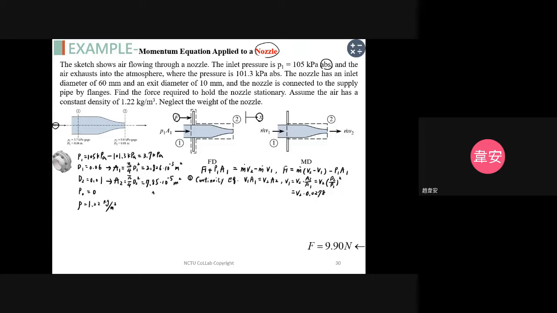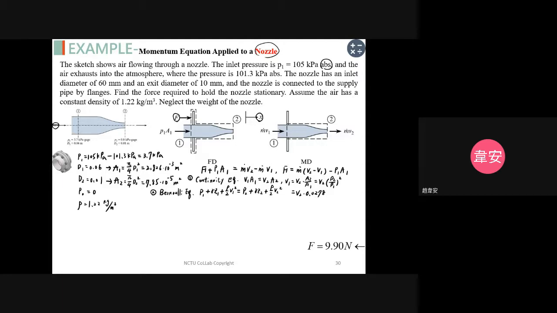And second, we have the Bernoulli equation, and we know that the pressure P1 plus γ z1 plus ρ over 2 V1 squared is equal to P2 plus γ z2 plus ρ over 2 V2 squared.